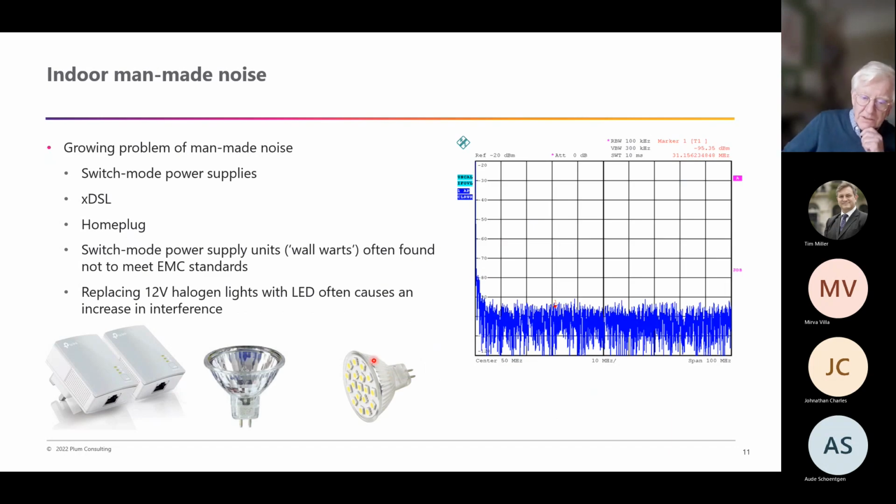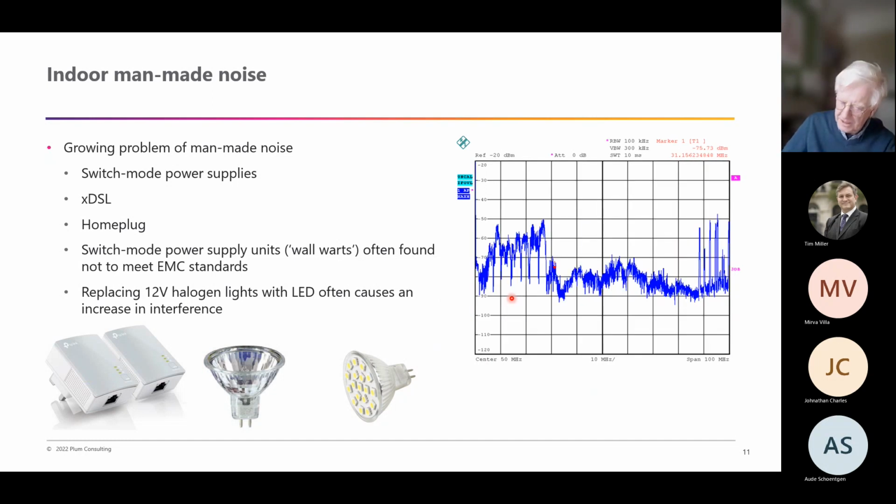But this is a problem that's exercised a lot of regulators, including Ofcom, who've sponsored quite a bit of work in this area. Now, this is a spectrum analyzer plot showing the VHF spectrum in a noise-free environment, but if you then move into a typical domestic environment with a few halogen lights and some power supplies and typical items of electrical equipment, this is the sort of difference you see in the spectrum.